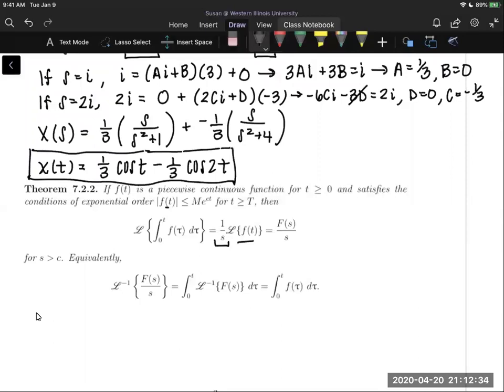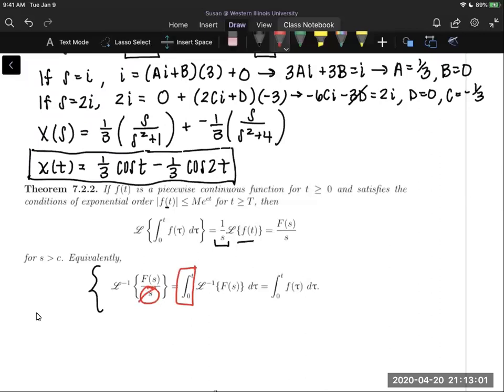While this is a perfectly fine result, we more often than not are going to utilize the second result, which is an equivalent result, saying that if we want to take the inverse transform of F(s) over s, and I want to call your attention to this s factor on the bottom, then we can drop that s, but pay for it with the integral here inside.